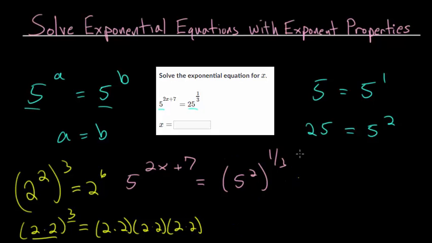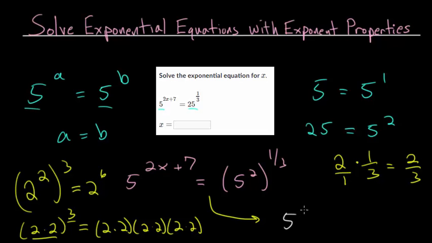So we're going to apply the same idea here. And granted, it is a fraction rather than a whole number, but this property still applies even for rational exponents. So we're going to take 2 and multiply it by a third. So 2 multiplied by 1/3, we can put 2 over 1 and then just multiply these fractions straight across. And we get 2/3. So let's just rewrite our equation now.